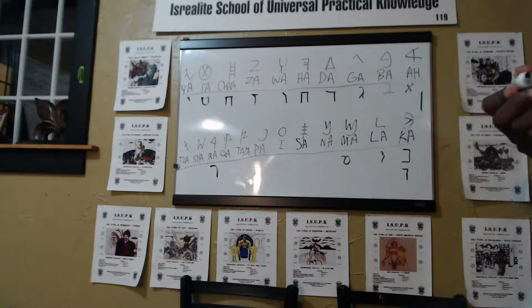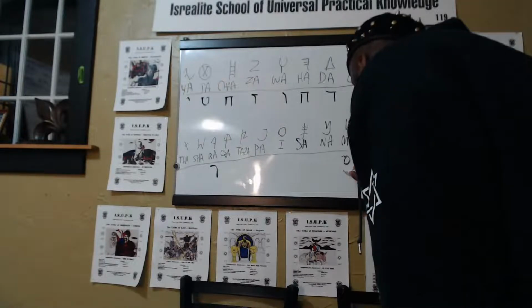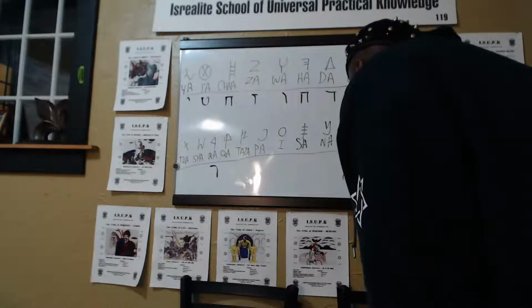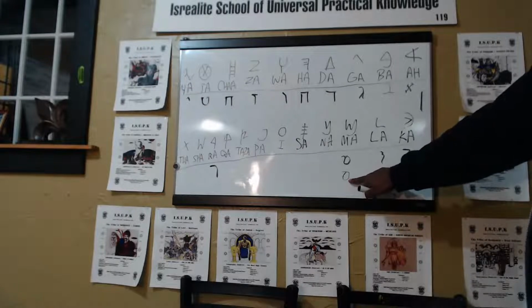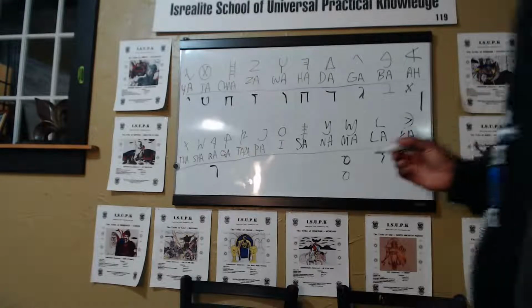All right, so the ma is the second letter, where if it's at the end of a word, it looks different. It's a little bit more rigid when it's at the end of the word. All right, this is a na.